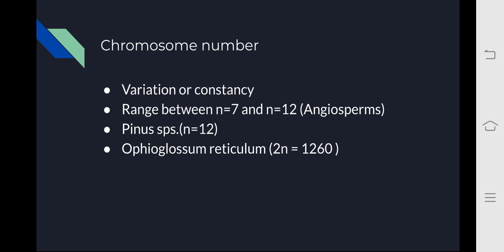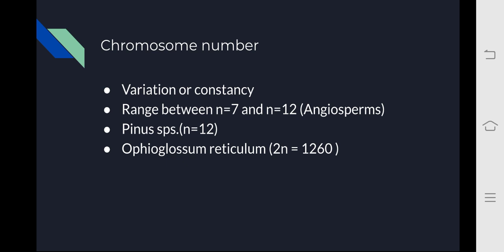The highest chromosome number recorded from vascular plants is from the pteridophyte Ophioglossum reticulatum. It has the diploid chromosome number 1260. So there are many variations among species. Then we can see some constancy relations, that is, the chromosome number in some plants remains constant in all species.